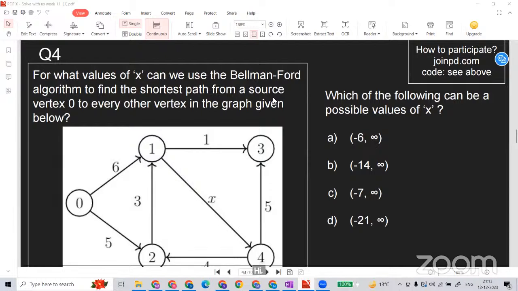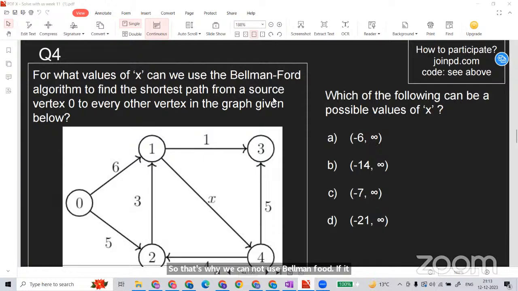So if it is -1, then can we use Bellman-Ford? No. Why? Because we have a cycle in the graph with negative weight. So that's why we cannot use Bellman-Ford if the x value is -8.